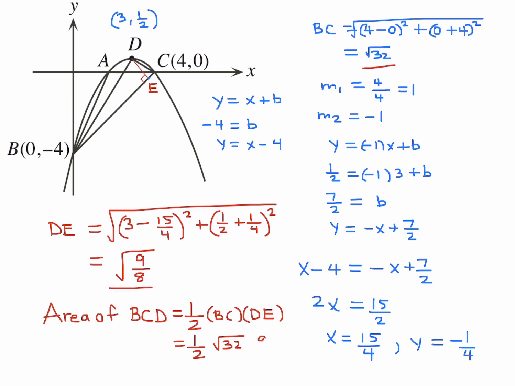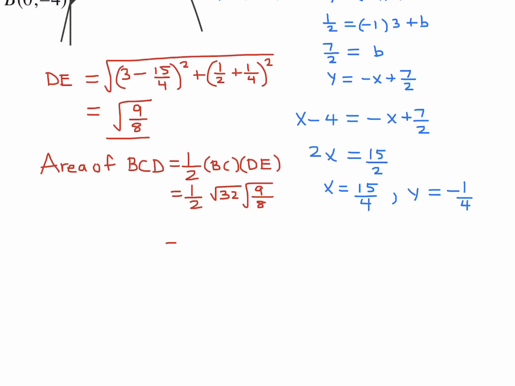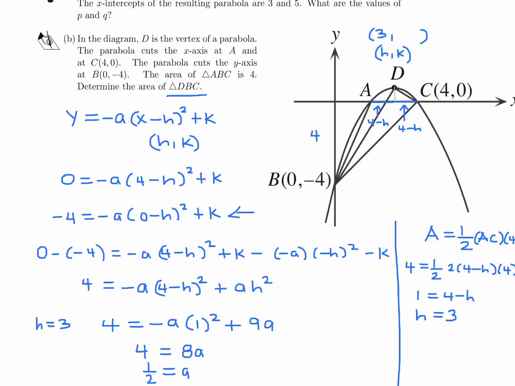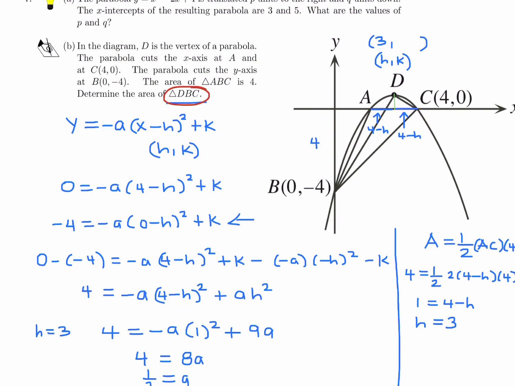DE is right here, root of 9 over 8. And this looks like it will be 32 divided by 8 is 4. 4 times 9 is 36. So 1/2 root 36. Root 36 is 6, so 6 over 2. And that is just 3. So there we go. 3 is the area of the triangle DBC.